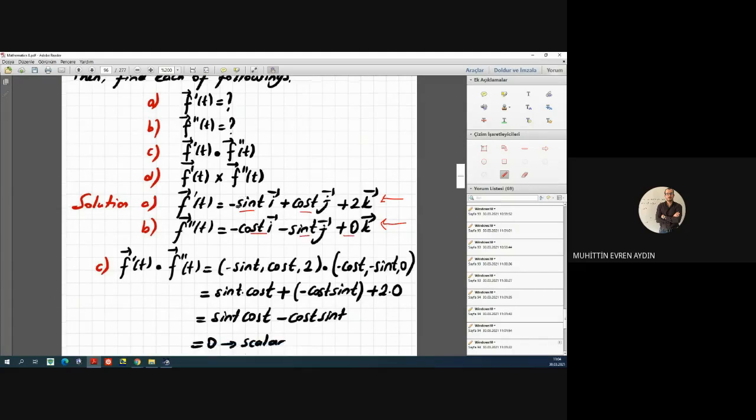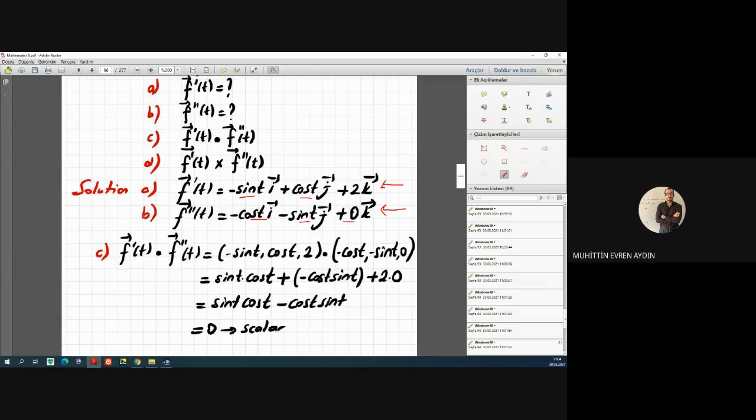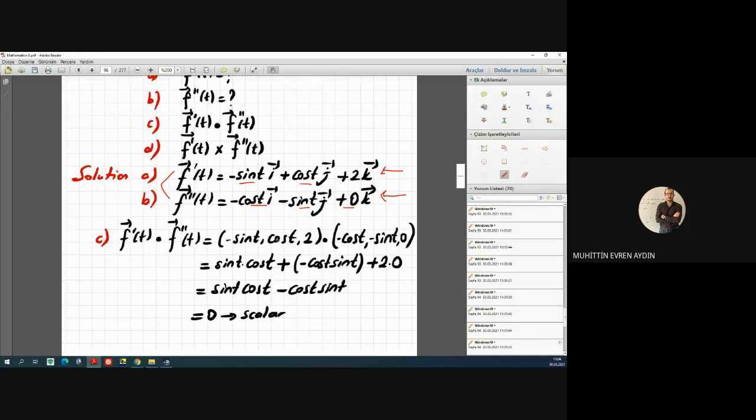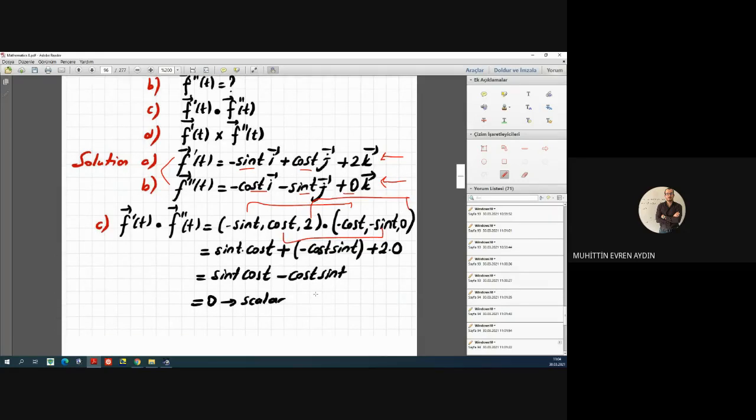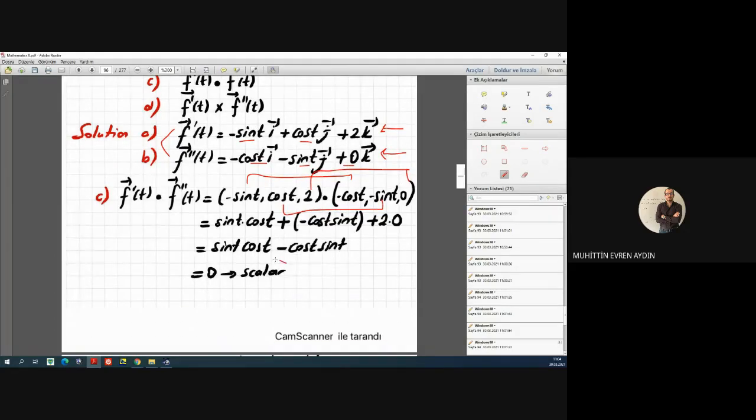Okay, and if we want to find the dot product of those vector valued functions, then we have such a multiplication, and we obtain a 0.